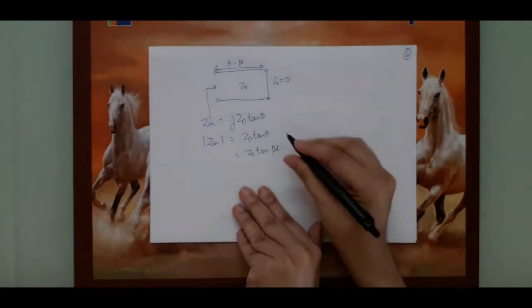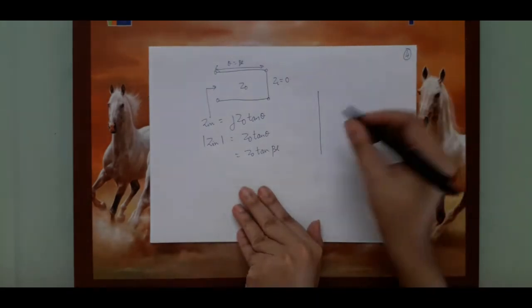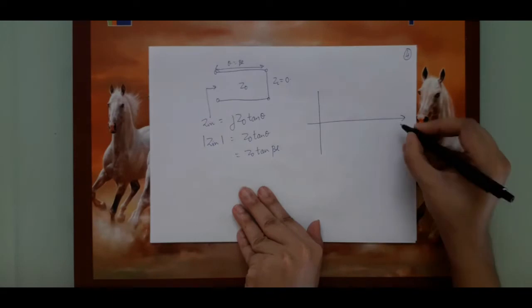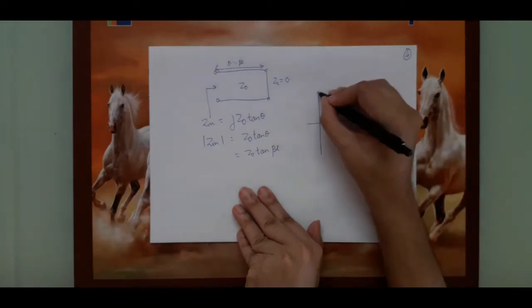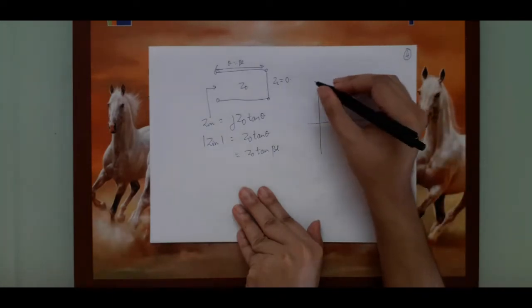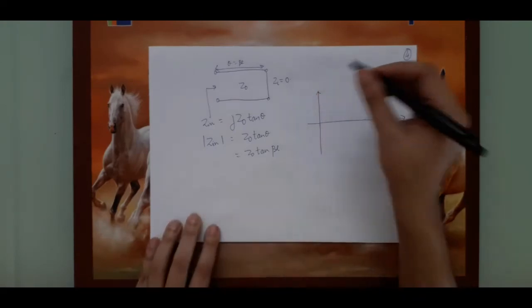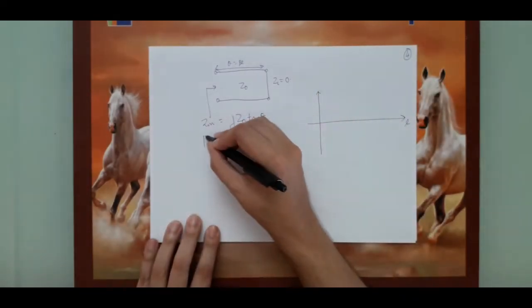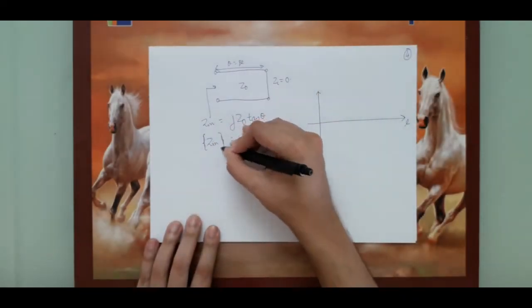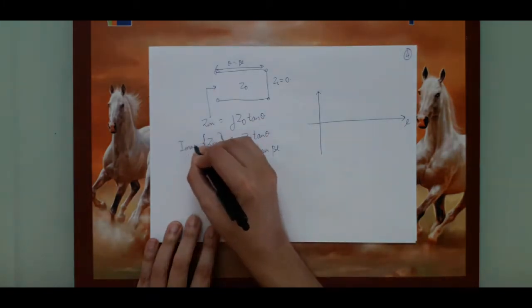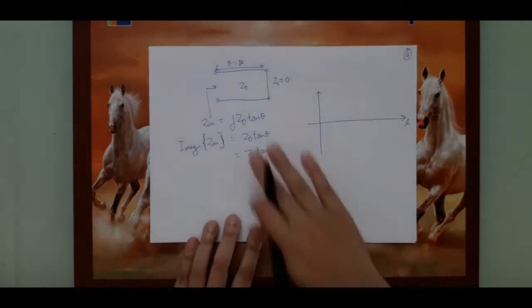So let us plot this in the form of a graph. This is L and this is, or let me not say the mod, let me say the imaginary part of Z, that is only Z0 tan theta.